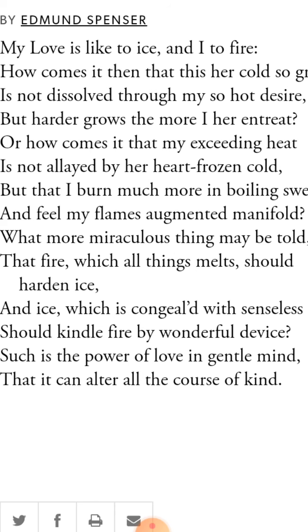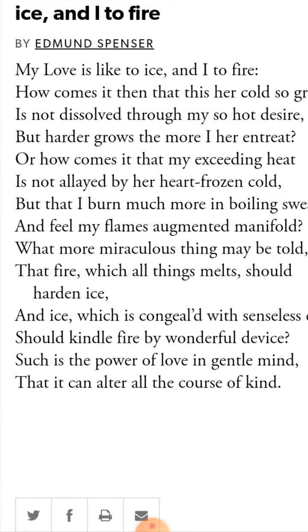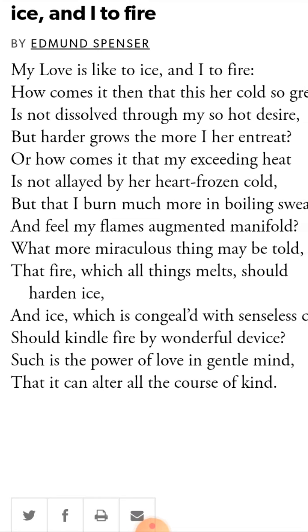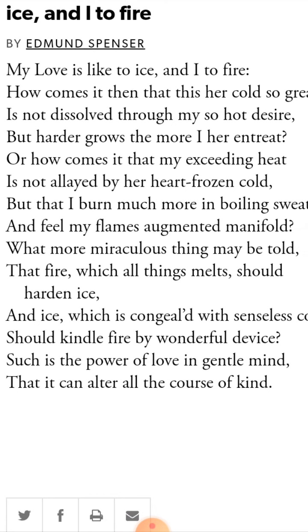We can see here that ice may freeze the fire of love in the heart of the poet, but it is increasing. So that is the different way of loving.